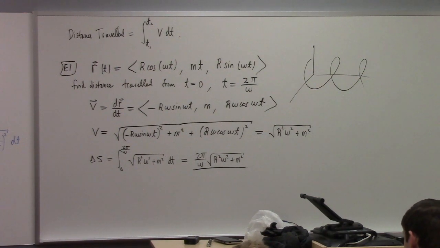Usually, you can't do this. For even the most simple path, when you take the square root of a sum of squares, that's nothing nice in terms of integration usually. So in your homework, I think I've told you can use a numerical integrator to find the distance traveled. However, truth in advertising, one of your homework problems is like this, so you don't need the numerical integration.